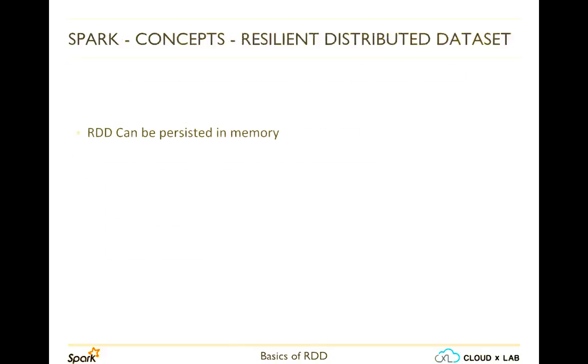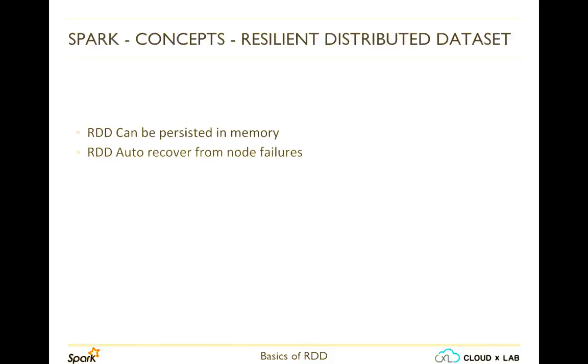Also, RDD can be kept in memory. By default, an RDD is lazy and it is on disk, but you can also create an in-memory RDD. RDD provides caching into memory, to be retained in memory while we access it during the life of the application.